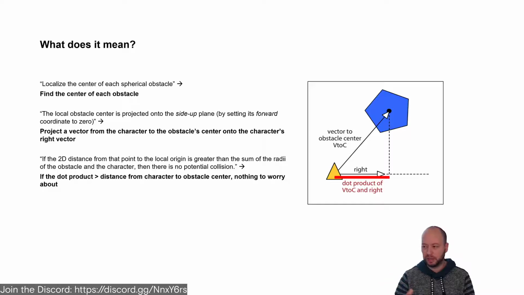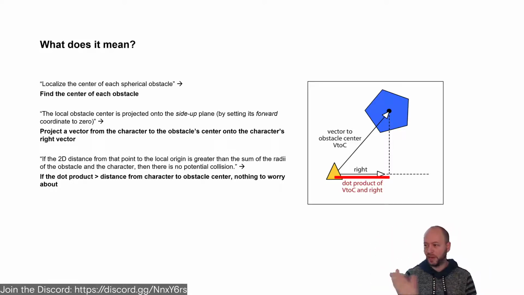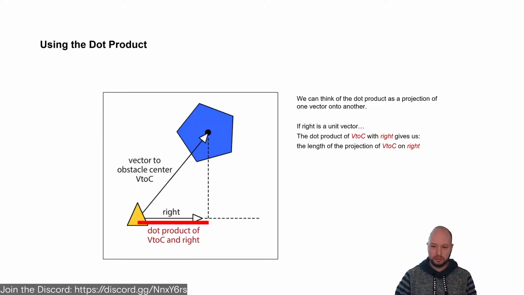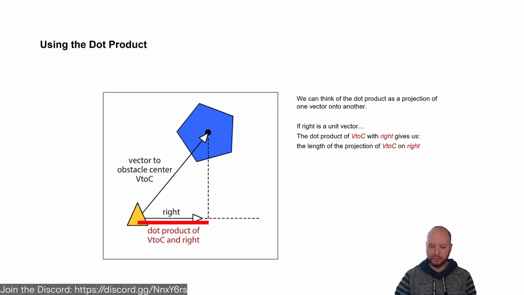And if you recall from our last lecture about dot products, to do that, you can just use the dot product to project down that vector from the center of that other object to ourselves, and then squish it down to the distance between that and where we are. And then it's quite simple to go from that. Now we have this flattened projection, and we can determine if we're colliding or not.